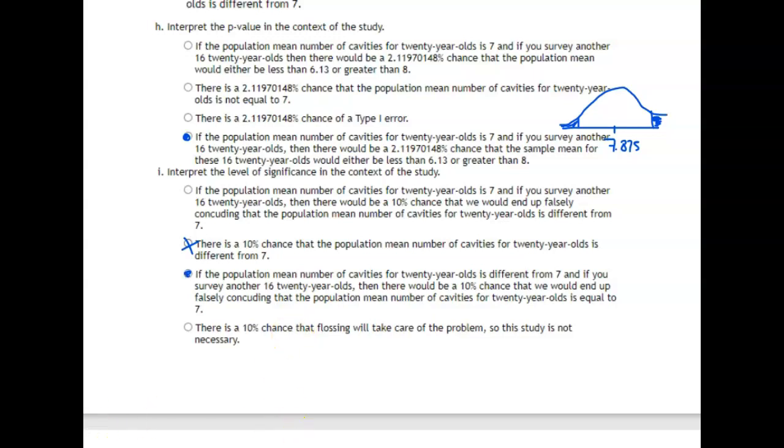Actually, this is the one. It has like one word different between these two. If the population mean number of cavities for 20-year-olds is 7, and if you survey another 16 20-year-olds, then there will be a 10% chance that we will end up falsely concluding that the population mean number of cavities is different. So that is the 10% error that your conclusion is incorrect. All right, so there it is.